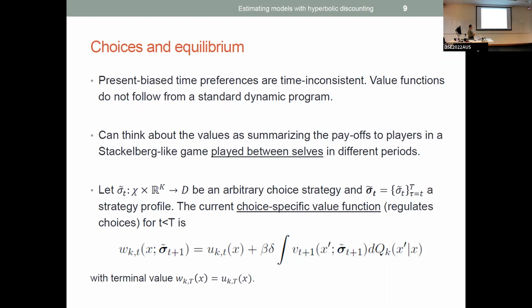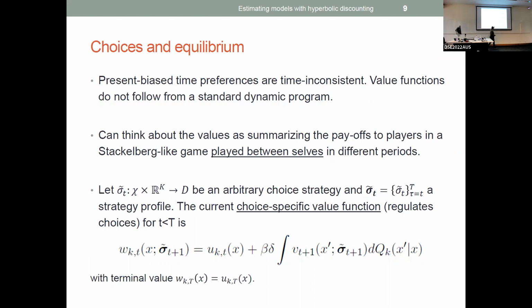The current choice-specific value function for the non-terminal period is given by W. So here we have W_t as a function of your state variable and your strategy profile from t+1, equal to your utility flow plus a hyperbolically discounted expected long-run continuation value, which I'll define in the next slide.